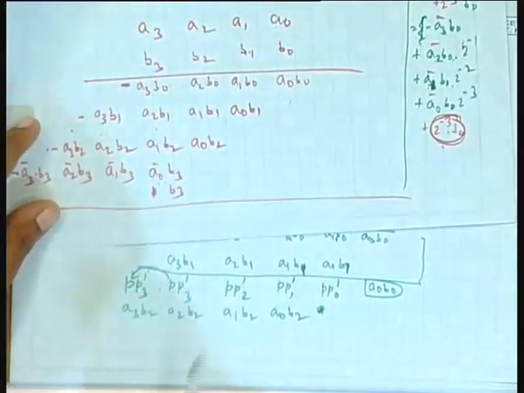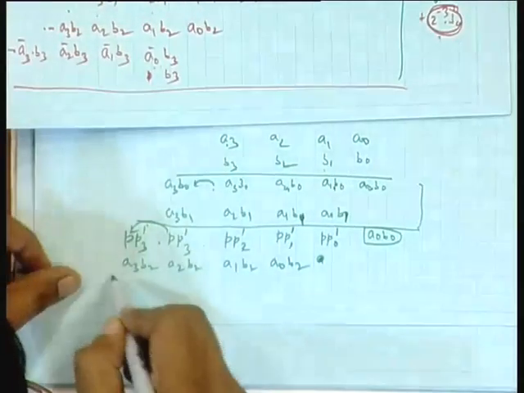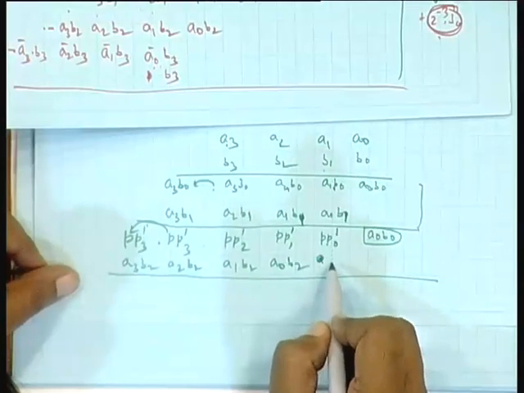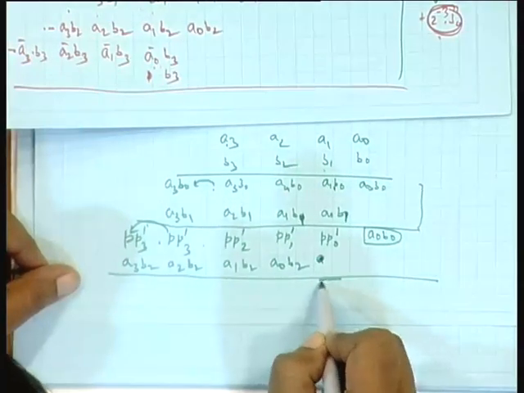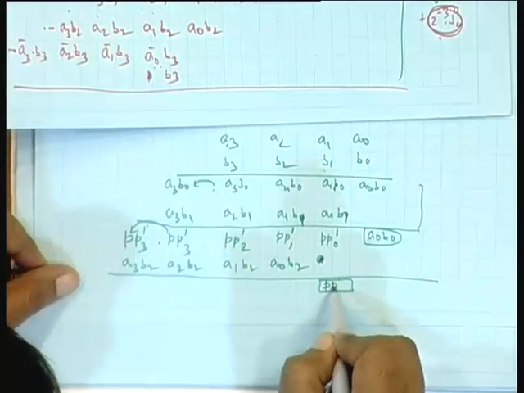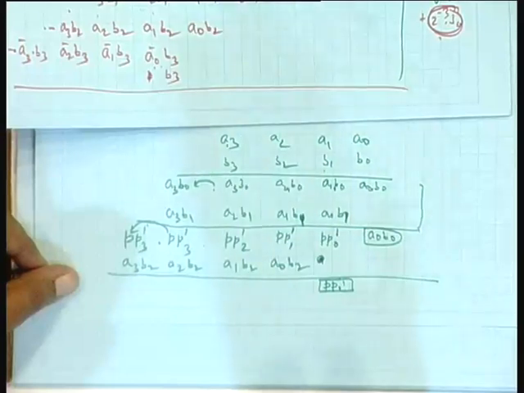You add 1 second, whatever comes, there is nothing to be added here. So, this result also will be truncated out.